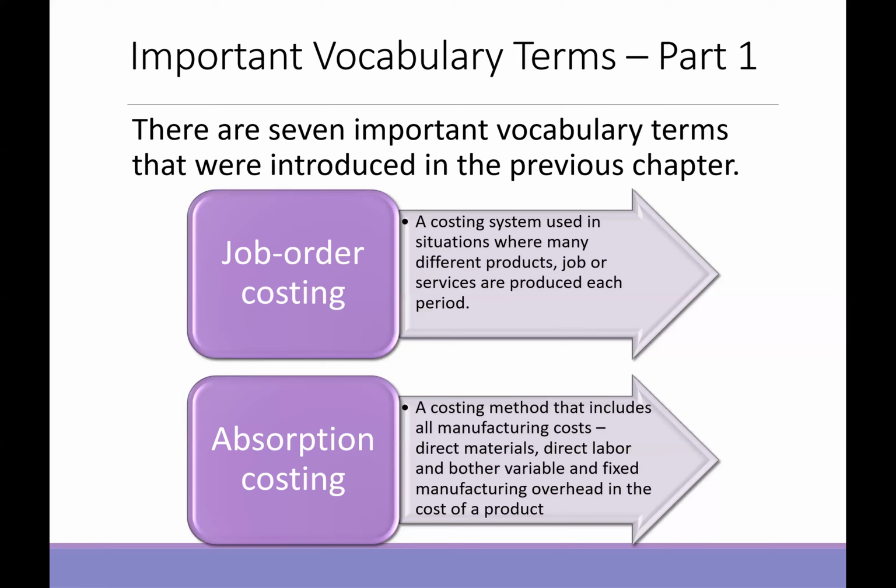Absorption costing is a costing method that adds all manufacturing costs, direct materials, direct labor, and both variable and fixed manufacturing overhead into the cost of a product.